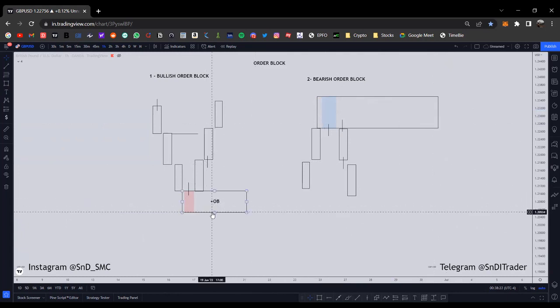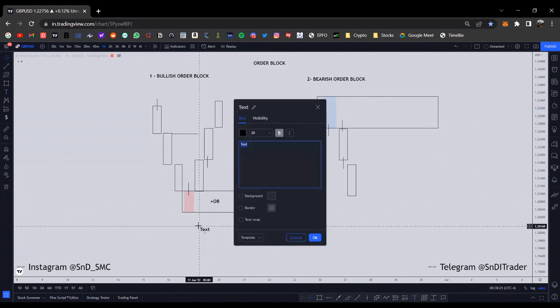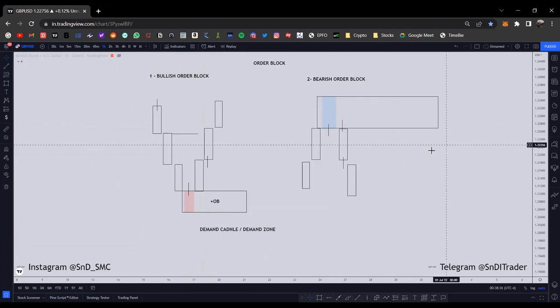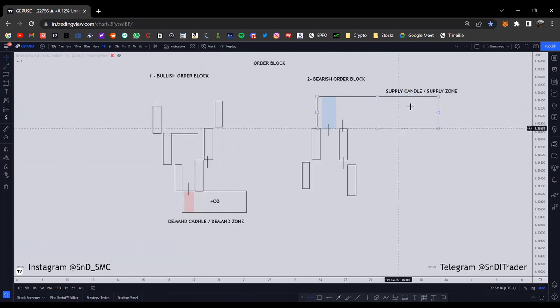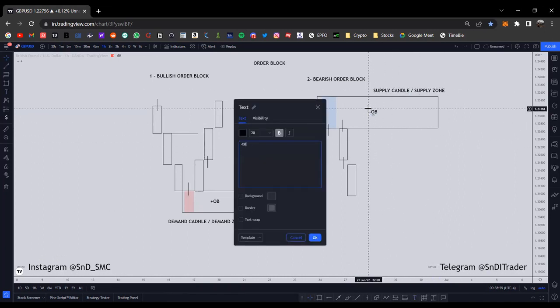This can be a demand candle as well, the last candle which is responsible for the up move, a demand candle or demand zone. And this can be a supply candle or supply zone, and this will be denoted as minus OB.